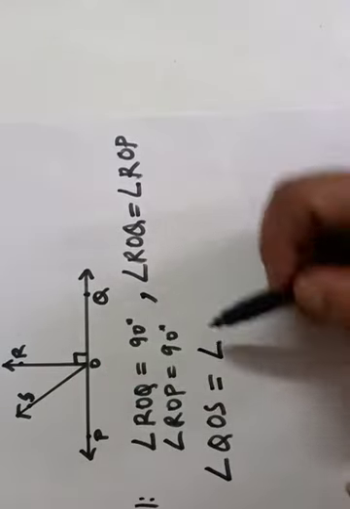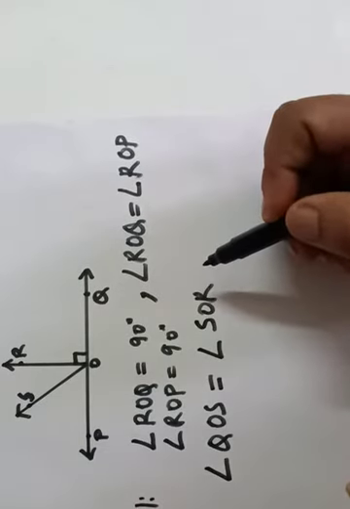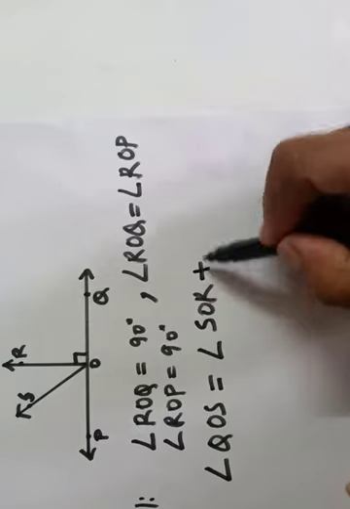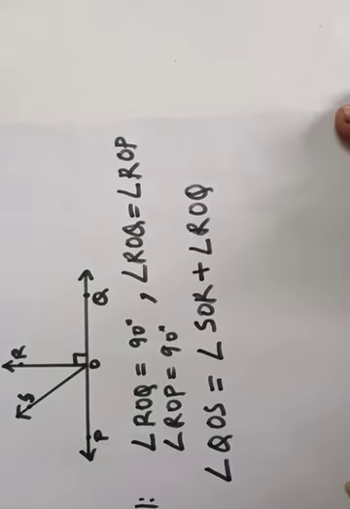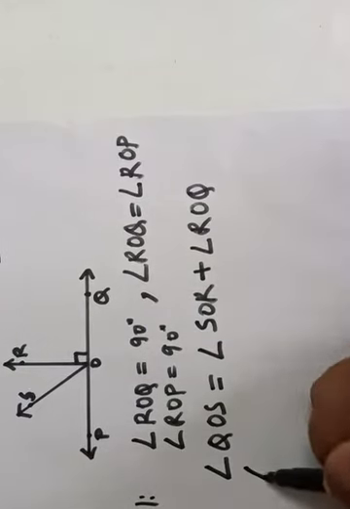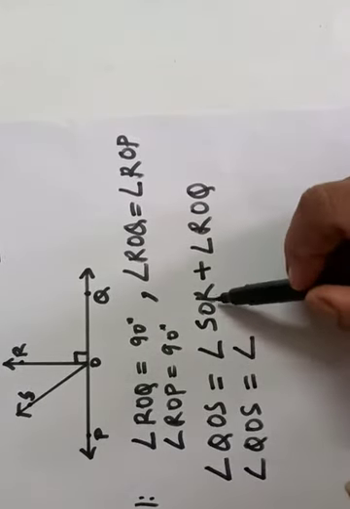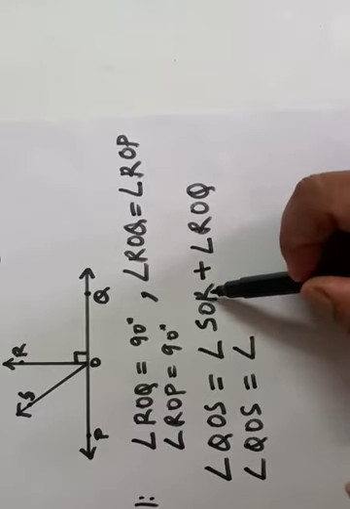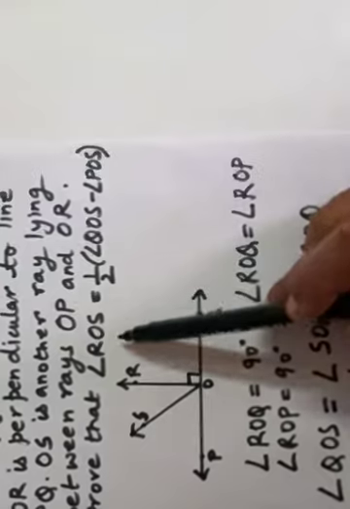So angle QOS is equal to angle SOR, or we can write ROS also, plus angle ROQ. I am writing SOR, that is same as ROS, because in the question it needs ROS.